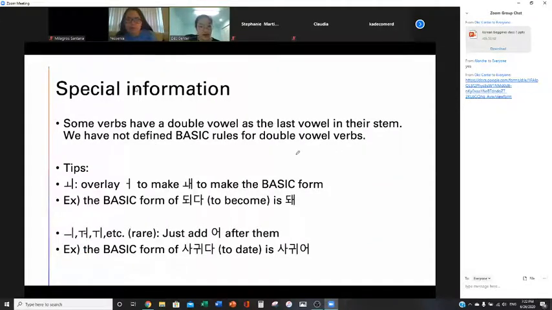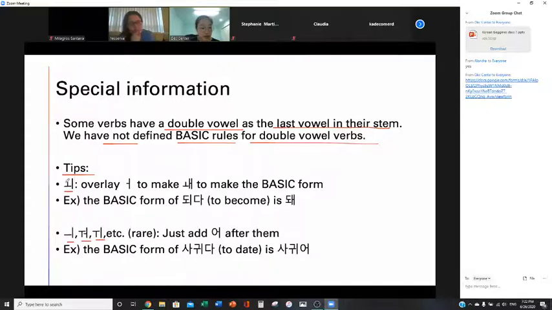Just additional info. Some verbs have double vowels as the last vowel in their stem, like we, wo, we. In that case, we don't have a basic rule for the double vowel verbs, but for a quick tip, we can give you some rules.